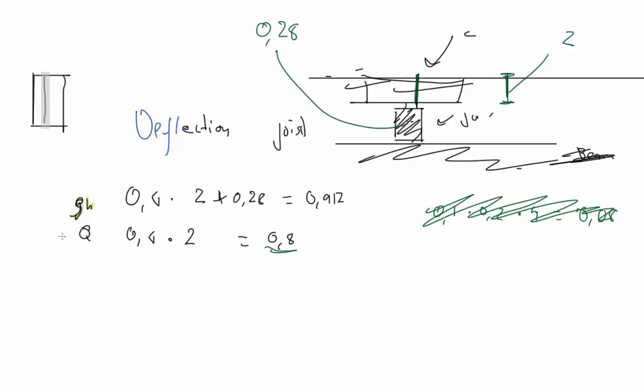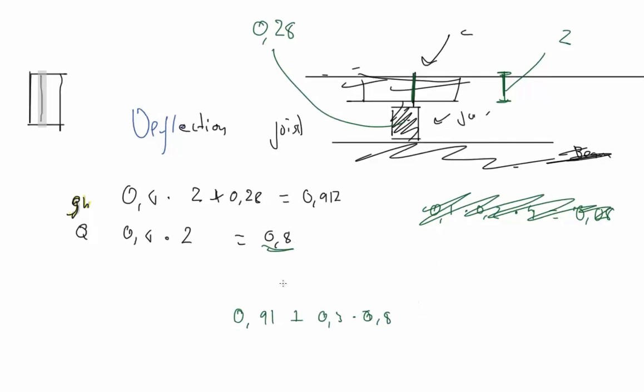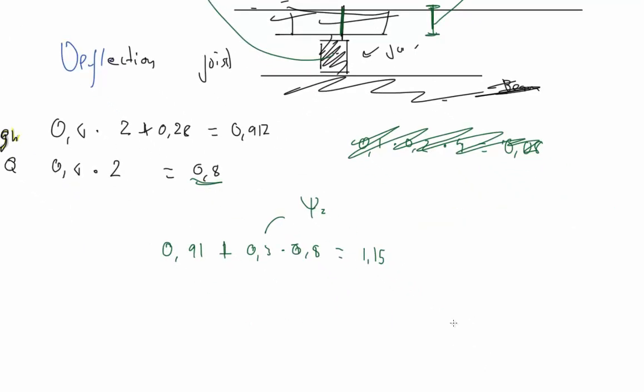So this GQ is 0.91 plus 0.3, being the psi 2, which is given depending on what type of building it is, times 0.8, equal to 0.91 plus 0.3 times 0.8, equal to 1.15. So that's the long-term deflection.